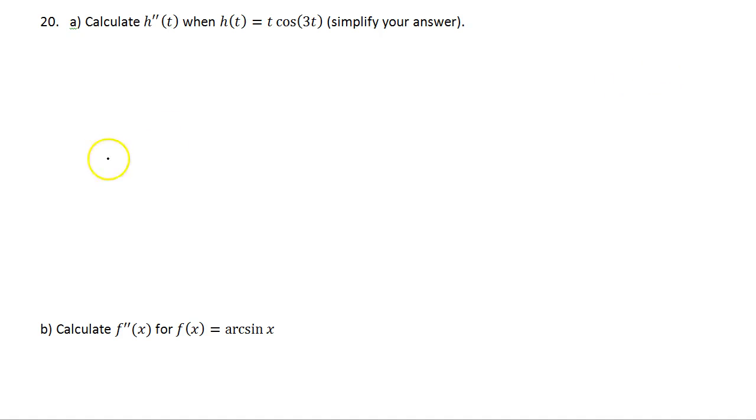This is about the second derivative, so let's find the first derivative. It's a product of t and cosine 3t, so we should be using the product rule.